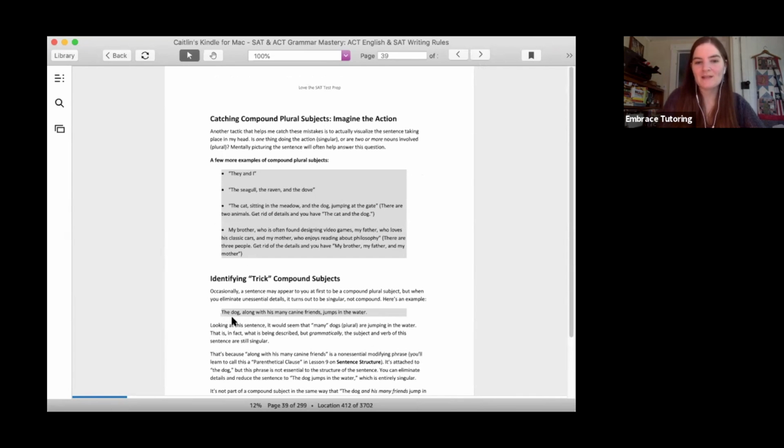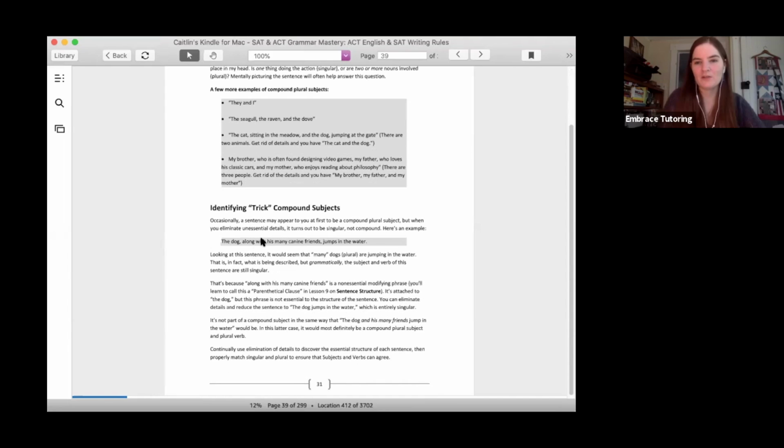So the actual sentence, the dog jumps in the water, that's a complete idea, along with his many canine friends in this identifying trick compound section. For this, the actual sentence is the dog jumps in the water. We can rearrange it so it says the dog jumps in the water along with his many canine friends. And that would make sense.